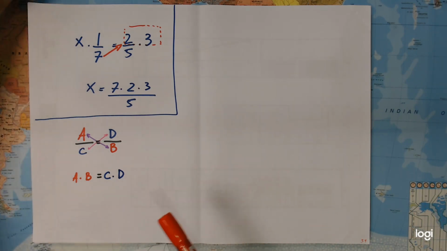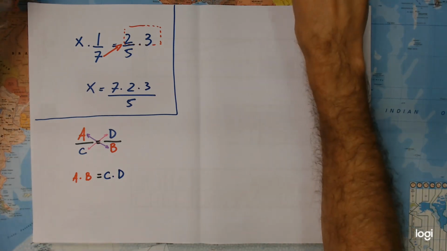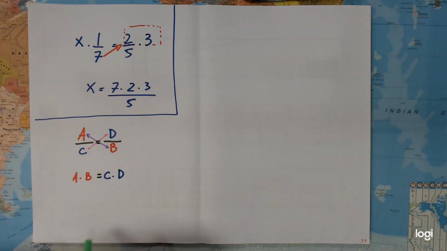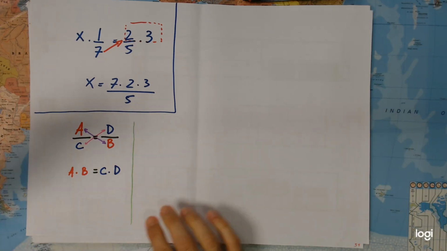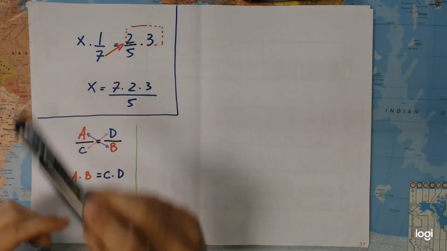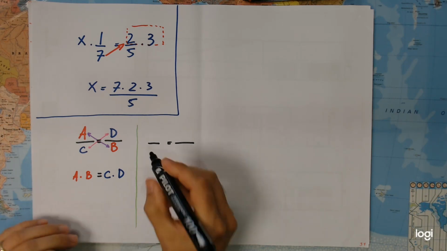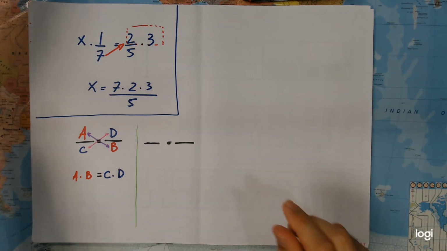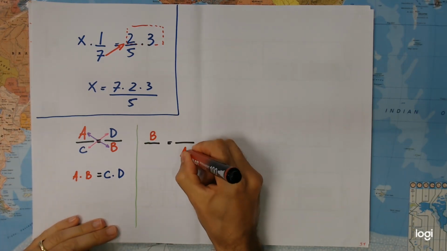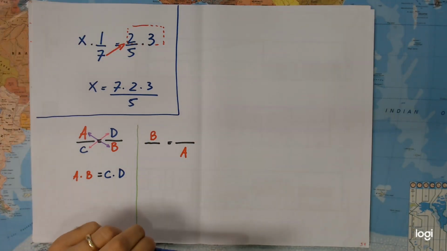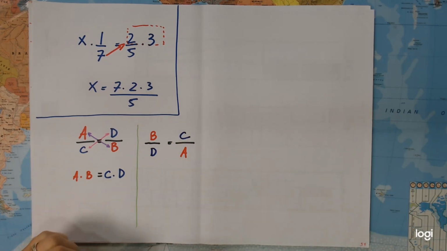Now, let me ask you something. Imagine that instead of this arrangement, we have this one, B, A, D and C. I'm just switching them, okay?